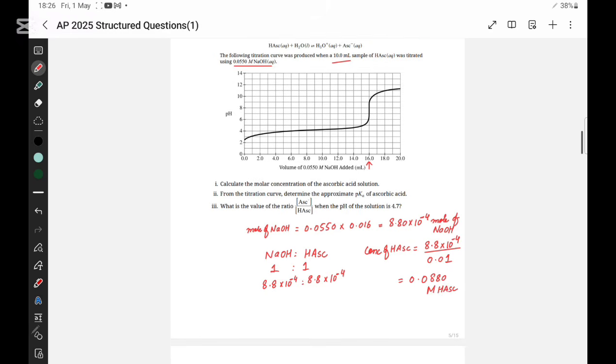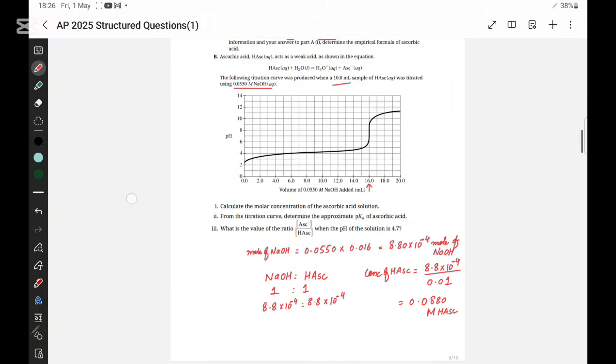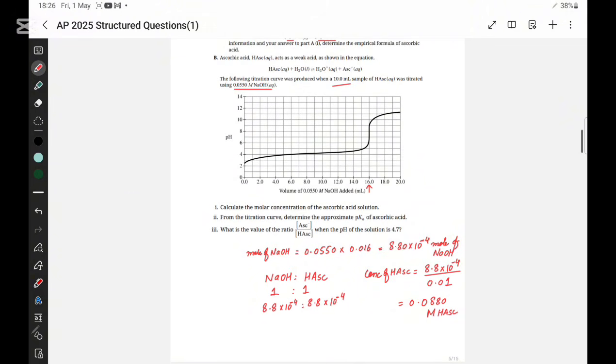So the next question is saying, from the titration curve determine the approximate pKa of azopic acid. So pKa is going to be, first of all we need to find the half volume of NaOH, which is at half equivalence point. That is going to be 8, because up till equivalence point the volume of NaOH used is 16 ml.